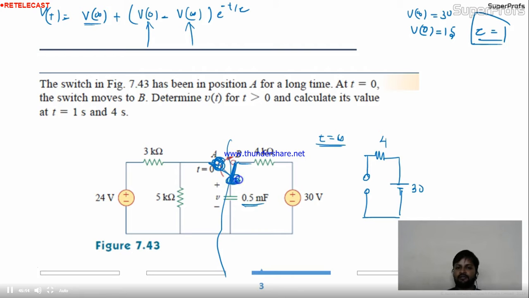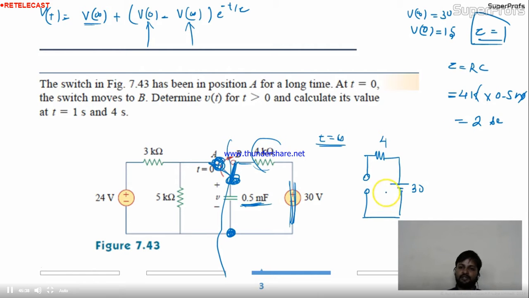So here across the capacitor, you have to find the R equivalent of the circuit. For R equivalent, the battery will be short circuited. This is the 4K, and capacitor is 0.5 milli. So tau is RC. R is 4K, C is 0.5 milli. We will cancel, and this is the 2. 2 seconds is the time constant.